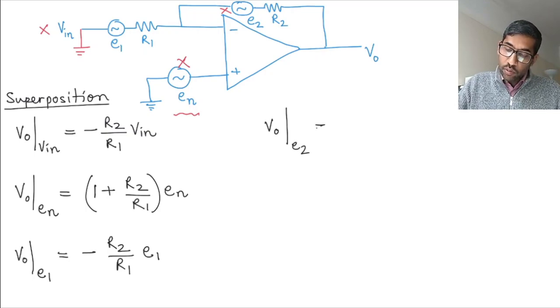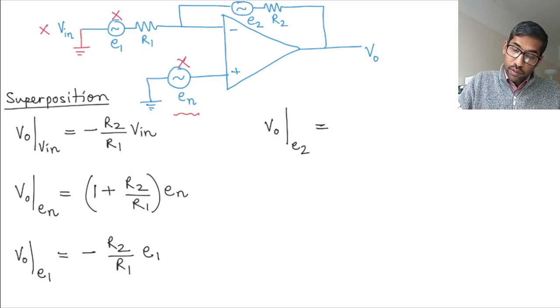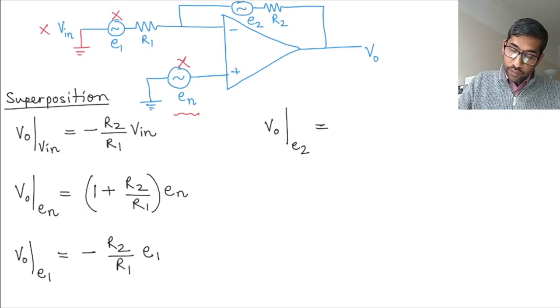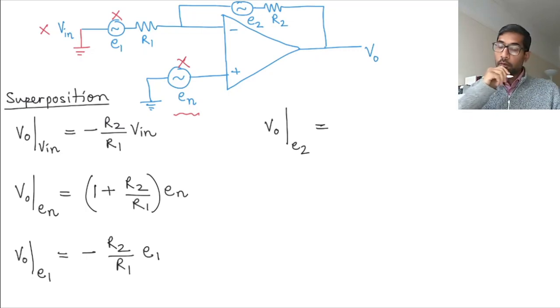Now the last thing that we want to do is calculate Vout because of E2. So we want to cancel this source, and we don't want to cancel this one, so let's remove that. Now let's calculate the voltage output because of E2. That's probably a little complicated, right? So let's take a look.